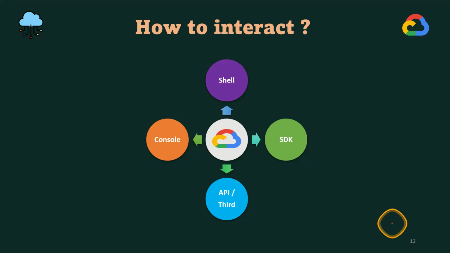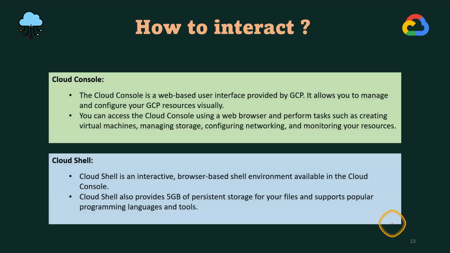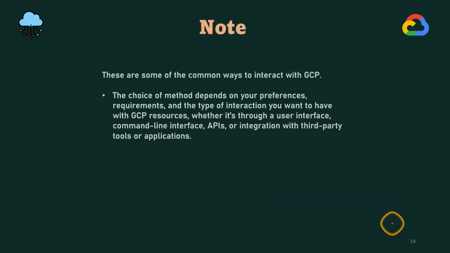And finally, we have a note. I'm going to conclude the session. So these are some of the common ways to interact with the GCP services, and the choice depends on your preferences, requirements, and the type of interaction that you want to have with the GCP resources. Whether it is through user interface or command line interface or APIs or integration with third-party tools.